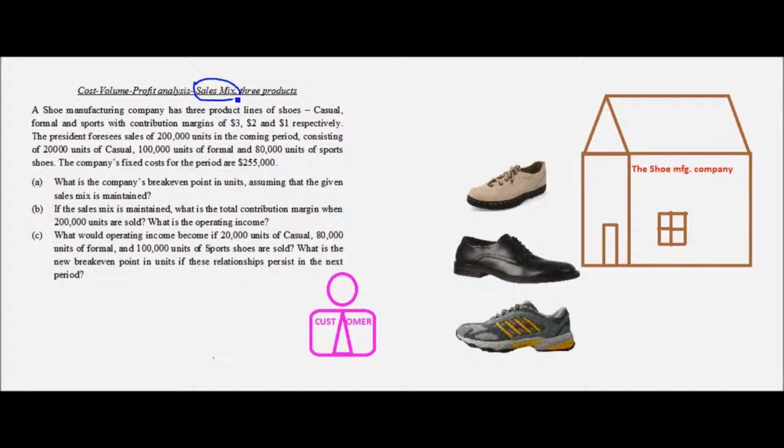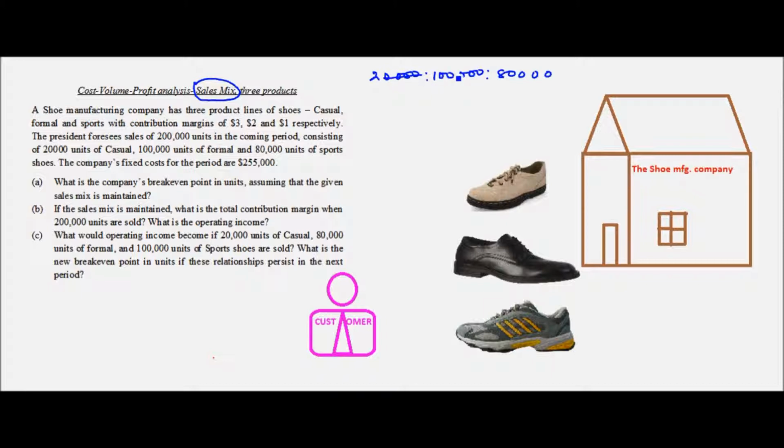So let's understand the sales mix now with reference to this example. Out of a total sales of 200,000 units, the relative quantities of sales of these three product lines is 20,000, 100,000, and 80,000. So let's take the ratio of these.